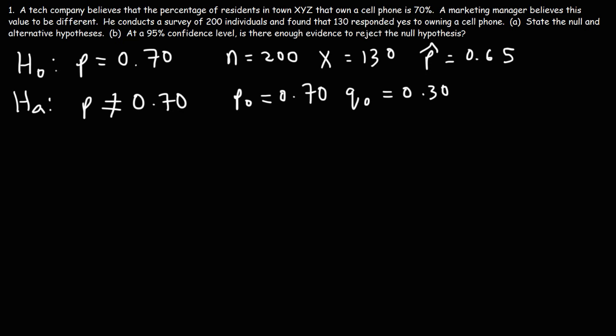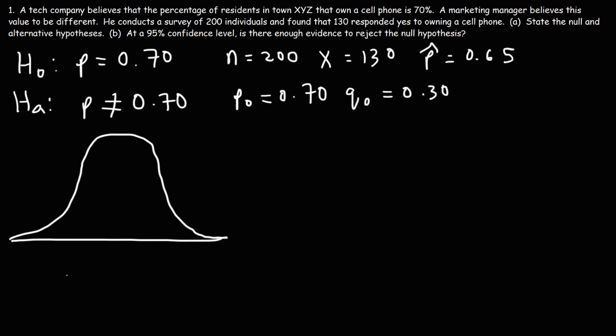Now here's a question for you. Do we have a one-tailed test or a two-tailed test? What would you say? For the alternative hypothesis, the proportion does not equal a number. So it doesn't equal 0.70, which means it could be more than 0.70 or less than 0.70.